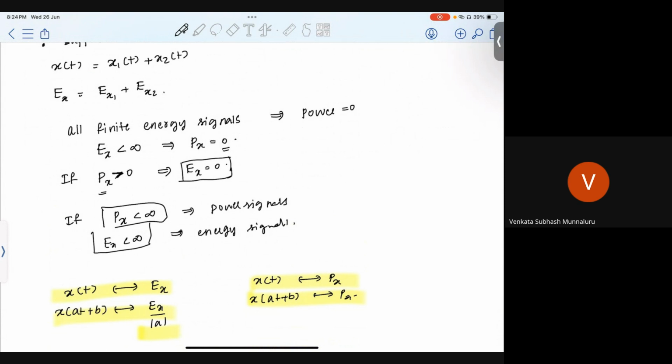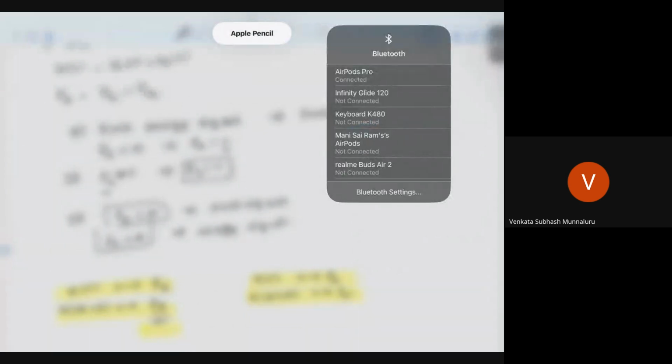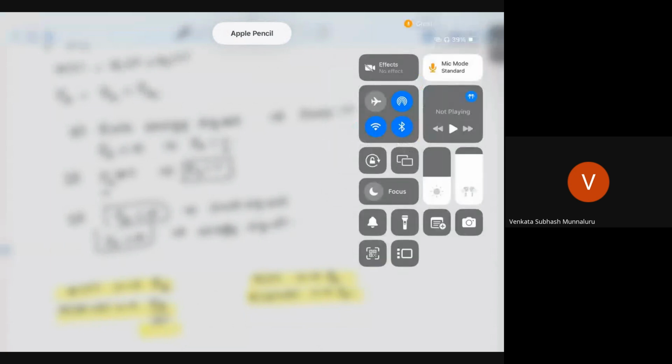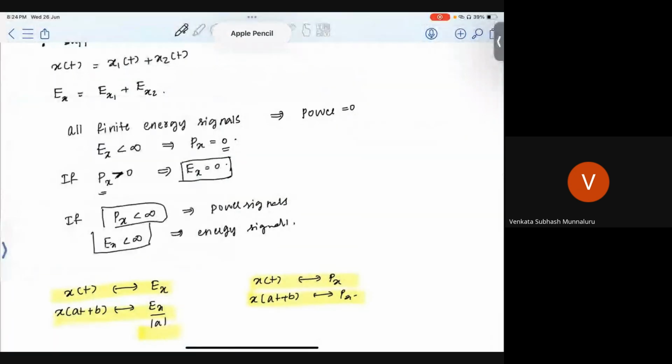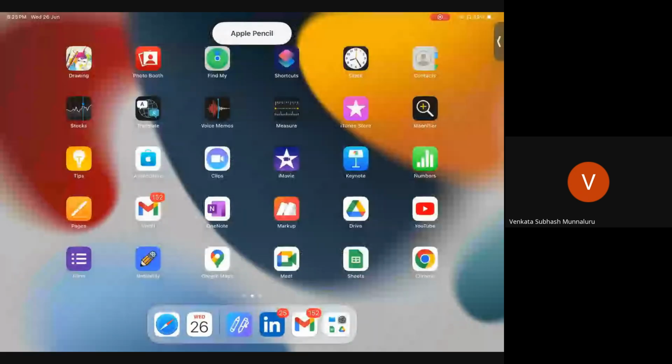Other than that, there is a concept on delta signals. My iPad pencil seems to be not working for some reason. I have no idea why it's not working, but we can do today's class in some way.